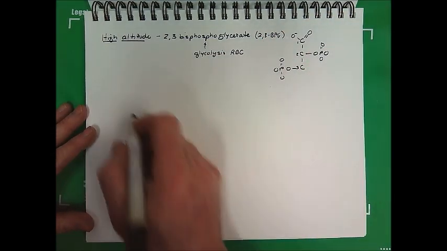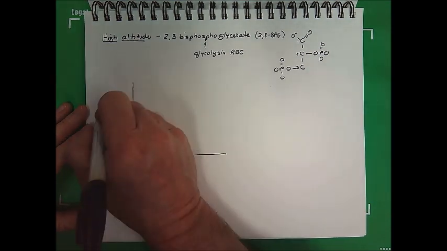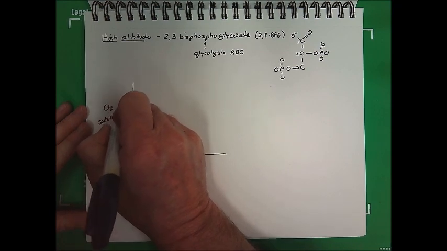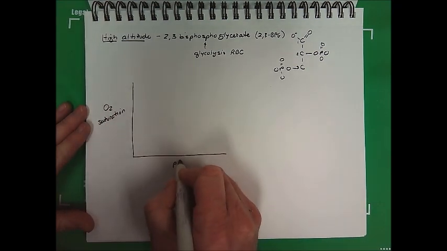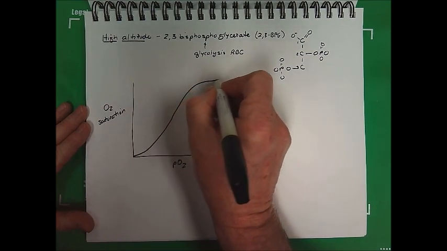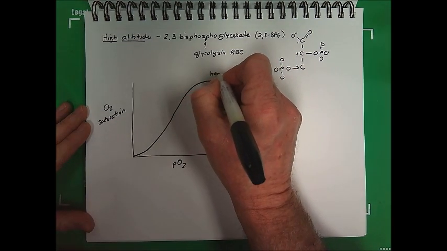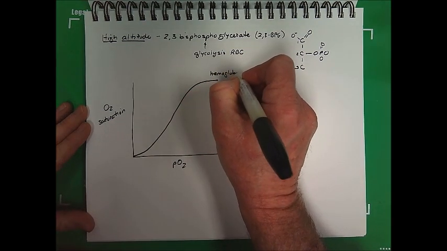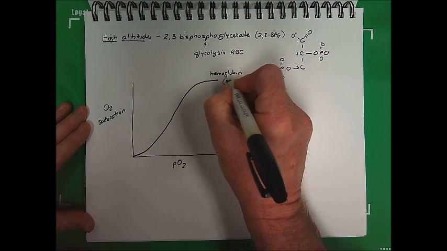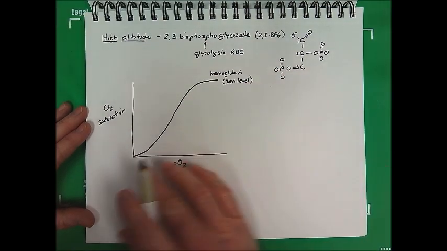Now this small molecule is also going to affect oxygen binding to hemoglobin. So let's look at our binding curve again. Here is our binding of oxygen to hemoglobin. And let's say this is our binding curve that we would measure at sea level. We have a specific curve.